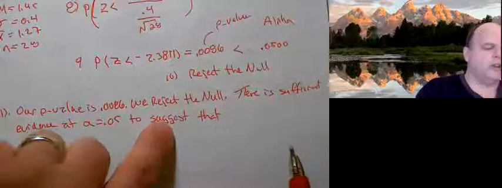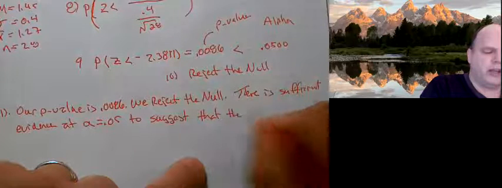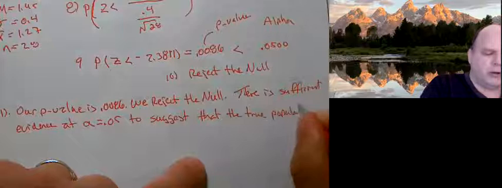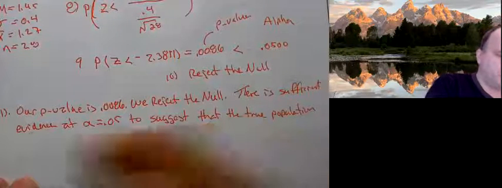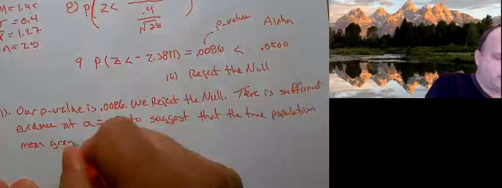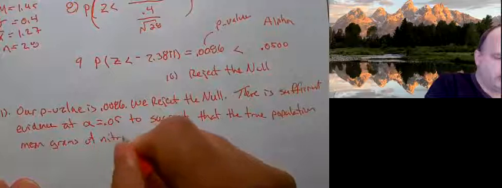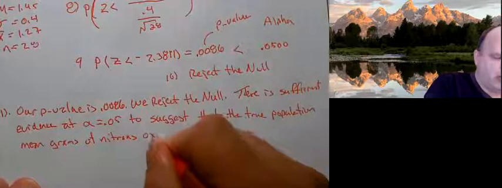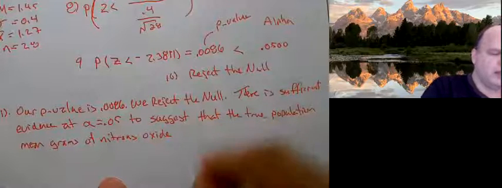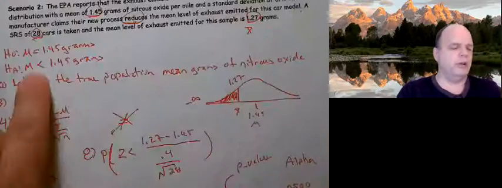Now we restate our definition of the parameter, which is that the true population mean grams of nitrous oxide is, and what was our alternative?